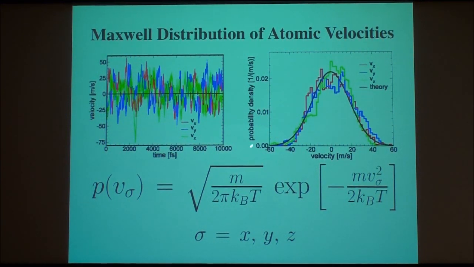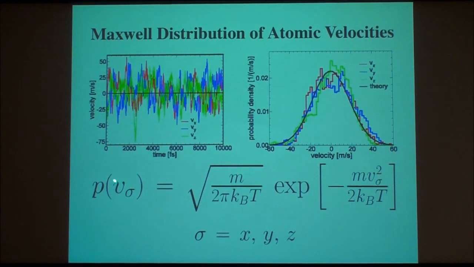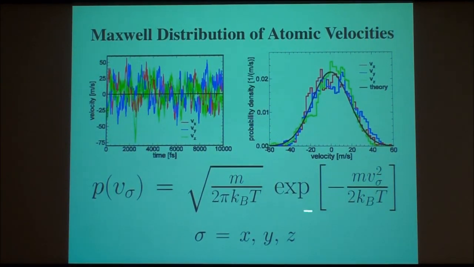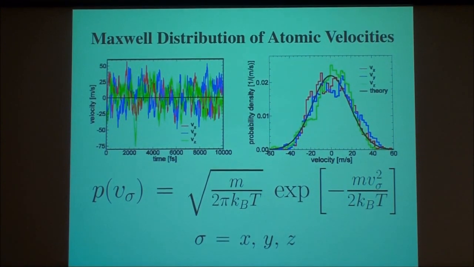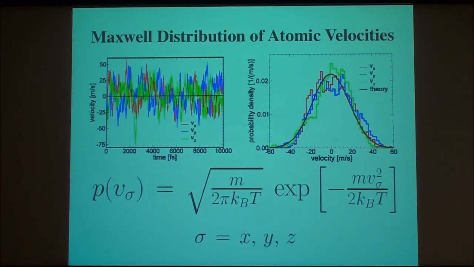We know that in theory, the probability of having certain velocities in the x, y, z directions follows the temperature here.